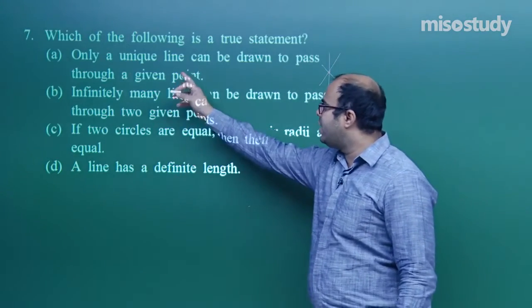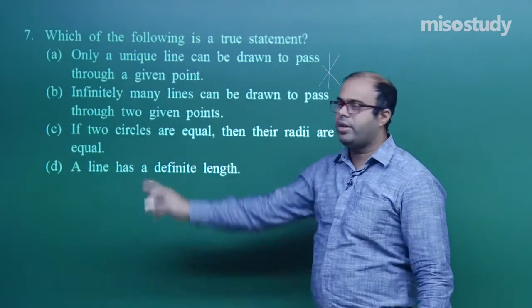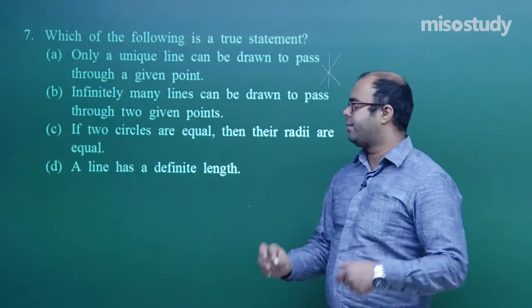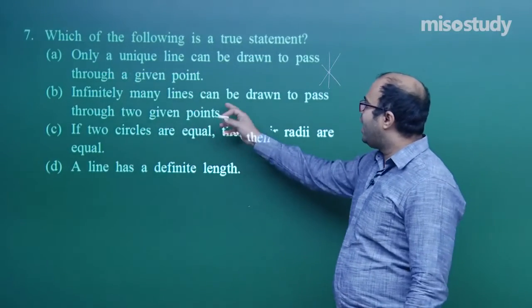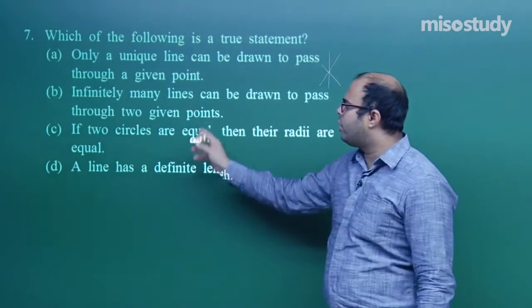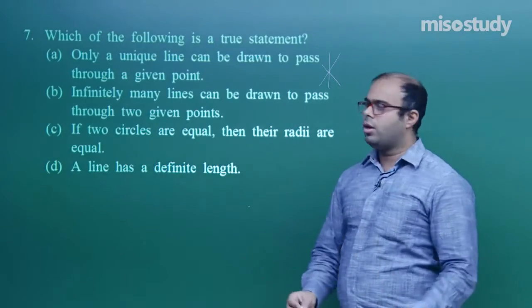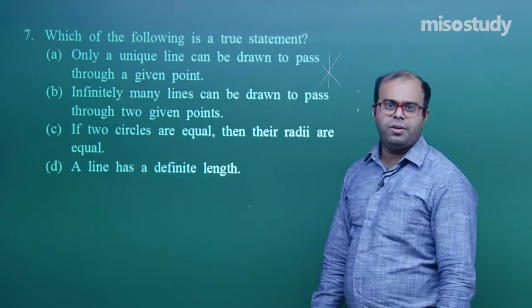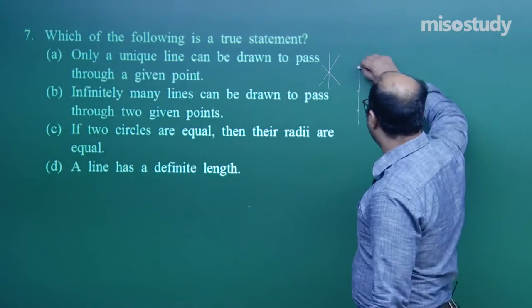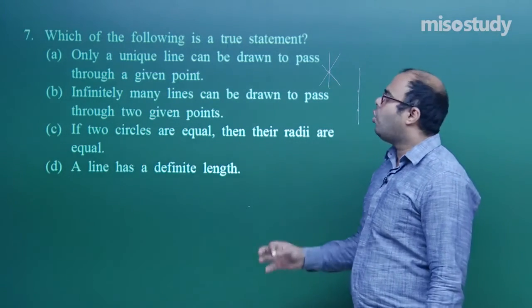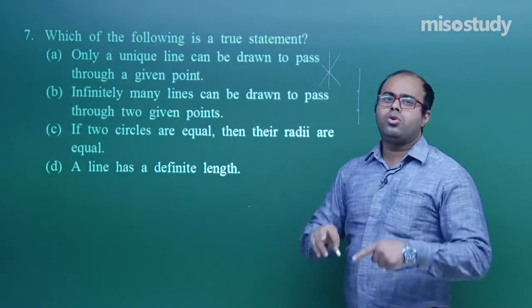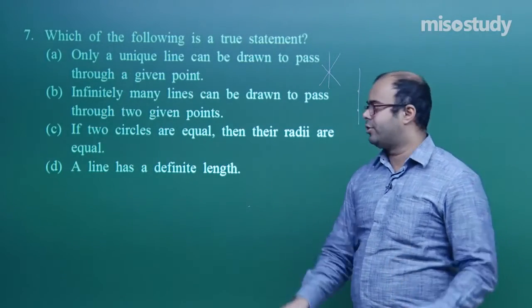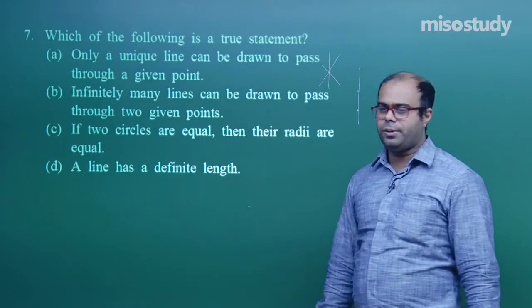So, this is a wrong statement. Infinitely many lines can be drawn to pass through 2 given points. This is also wrong. If there are 2 given points, infinite lines cannot pass through them. There can only be one line which can pass through them. So, a unique line can pass through 2 given distinct points. So, this is also a wrong statement.